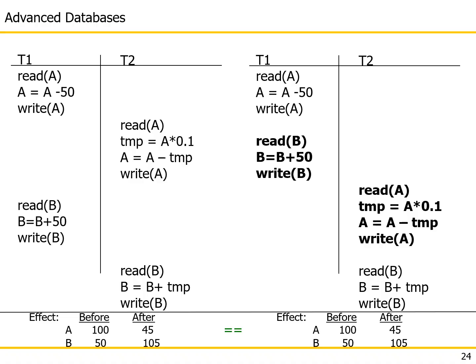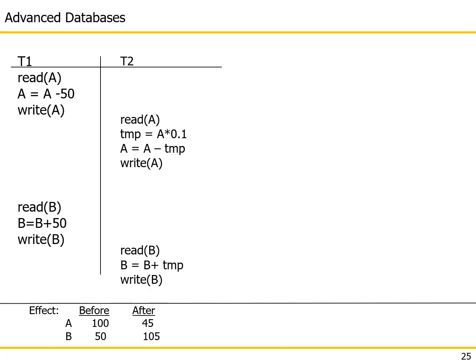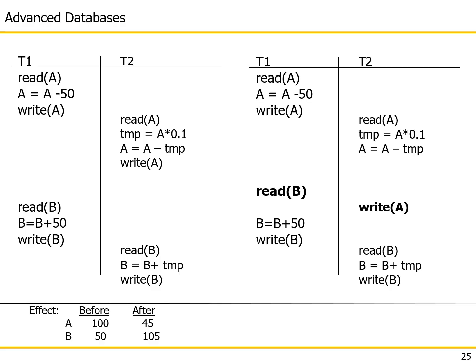Now, these two are the same. As you see, they are producing the same result. This is what I have been describing already. Let's compare this one to this one. As you see here, the context switch is happening in a different place.